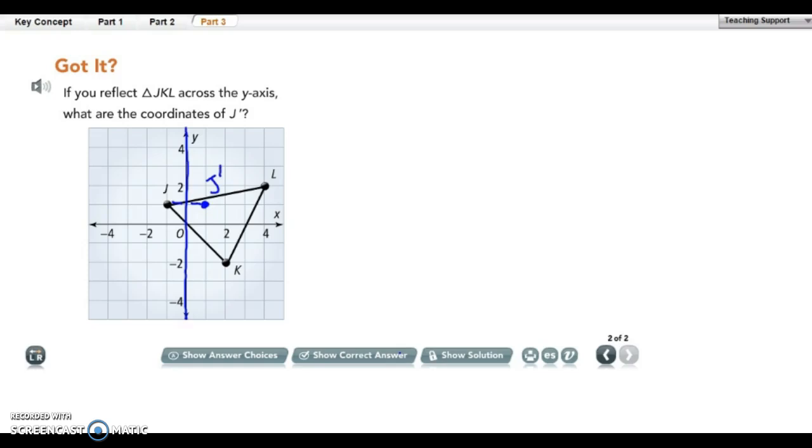This is going to be J prime. Now, I could redraw the entire triangle, but I don't have to because it just says the coordinates of J prime. So the coordinates of J prime, they go over 1 from the 0, 0 mark and then up 1. So my label is 1, 1, and that's the only coordinate that they're asking for, so I'm not going to do more than that.